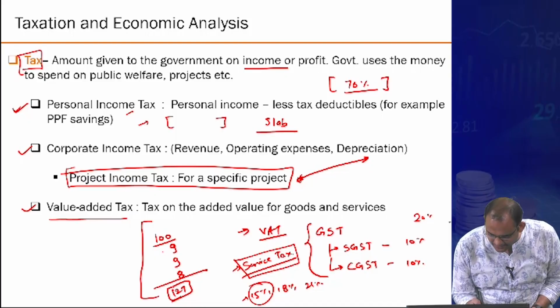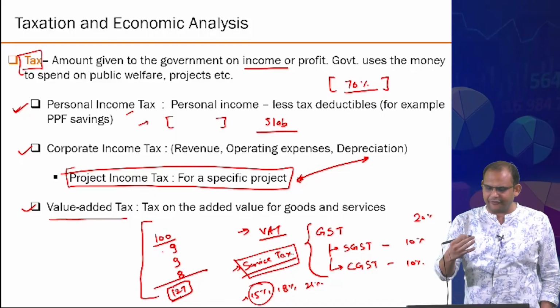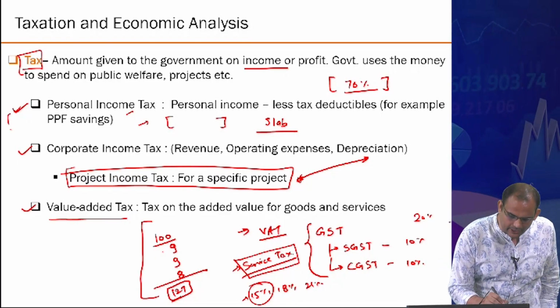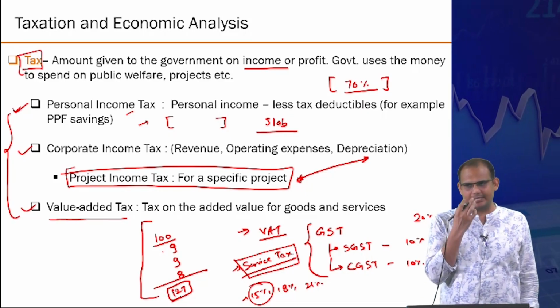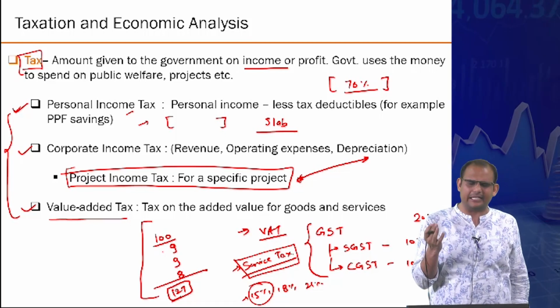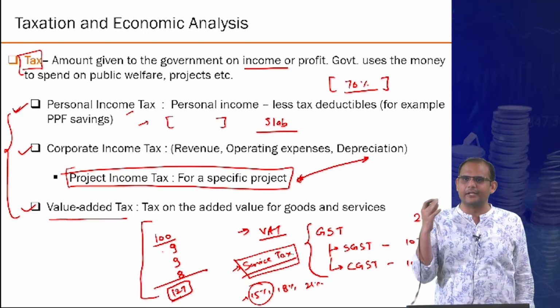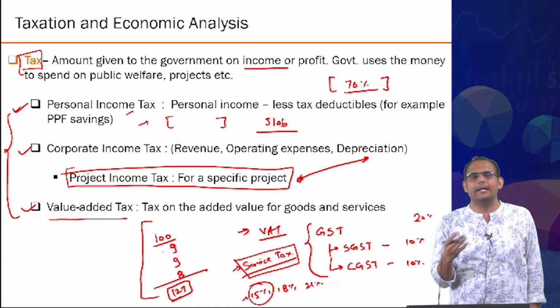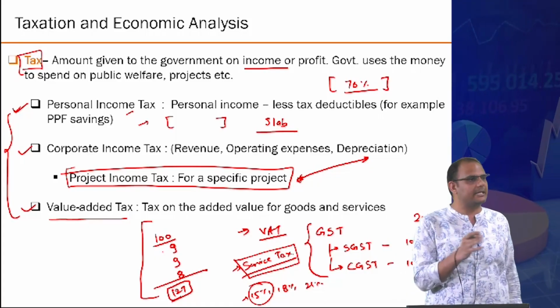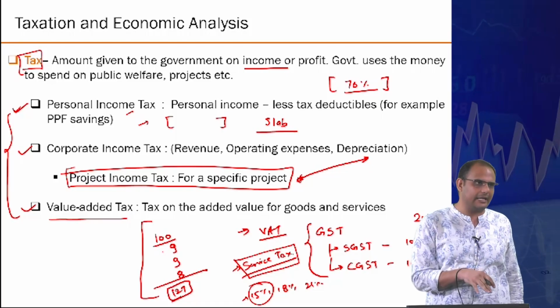Some countries have a different focus on these taxation systems. For example, in a lot of the Scandinavian countries, Norway, Sweden, they have a very high tax regime. On personal income, they end up charging you more than 50-60% of your income in taxation.